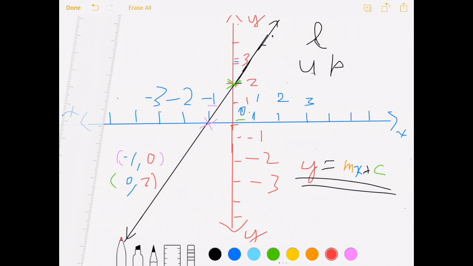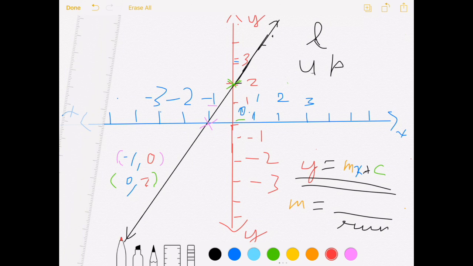So now we can use these 2 points, the pink point and the green point, in order to calculate the gradient of a line. And the formula for this is m equal to rise over run. Rise, which we can substitute as delta or the change in. Let's just write change in because it's simpler terminology.